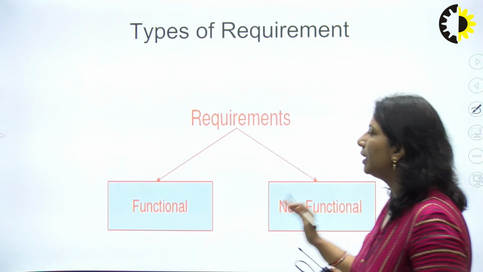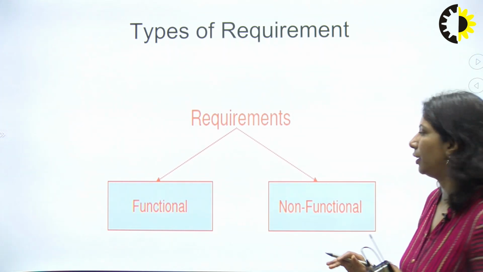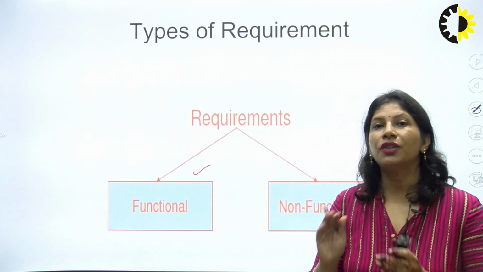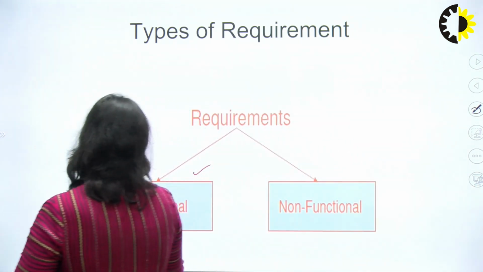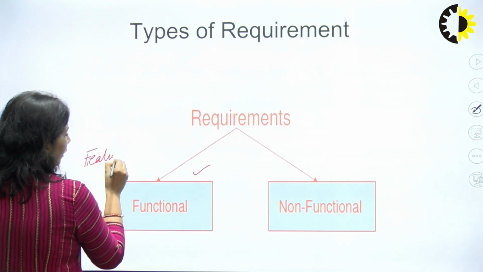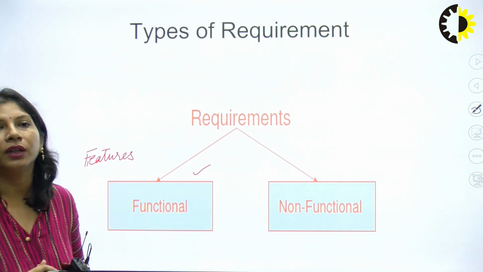Broadly, the requirements are classified as functional requirements and non-functional requirements. Functional requirements are the features of the system, what all features you want. That means what the particular system will do.